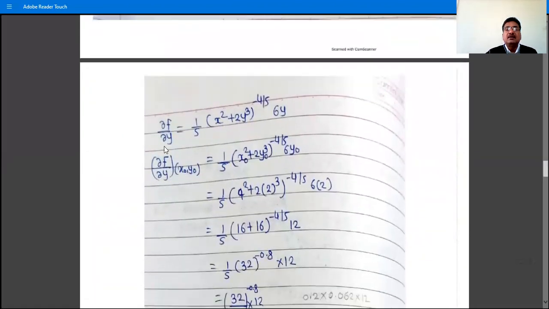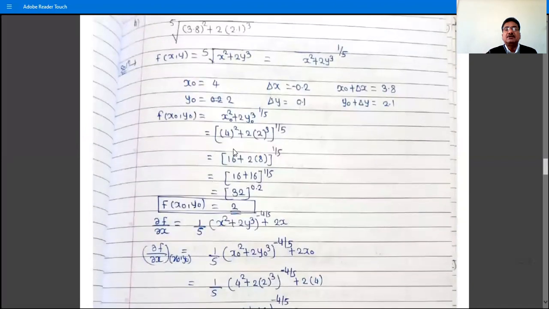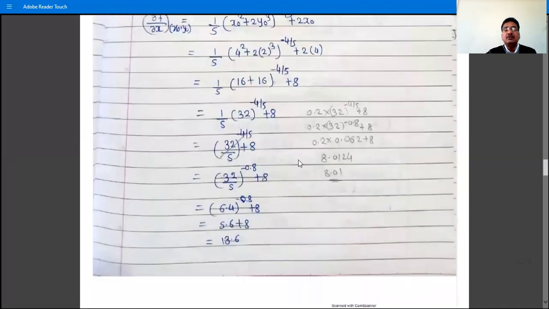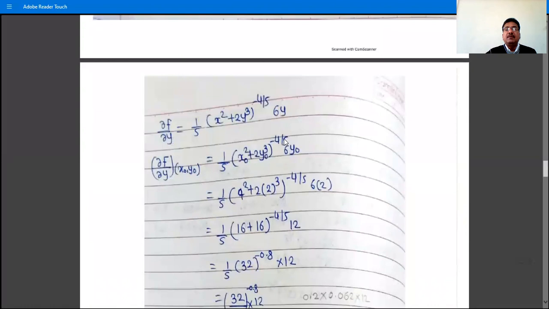Then del f by del y, the derivative with respect to y, is 1 by 5. This bracket raised to 1 by 5 minus 1 means minus 4 by 5, into the derivative of x square plus 2y cube with respect to y. The derivative of x square with respect to y is 0, and the derivative of 2y cube is 6y square. Write 6y square.